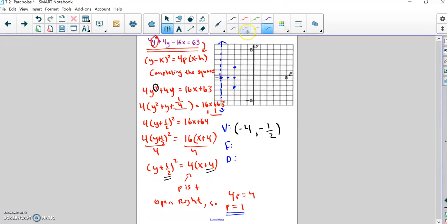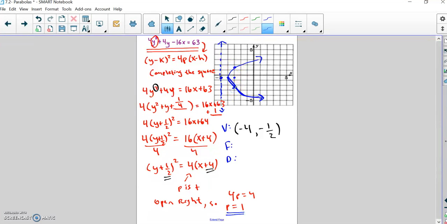That way, this distance here is 2, and this distance here is 2. And then we're going to draw our parabola. It doesn't need to look very pretty, but I do need to see those points. And that is as close to a perfectly drawn parabola as we are going to be able to get without actually using a measuring device, is to find these 2 points right here.